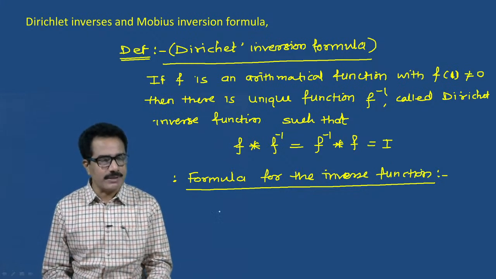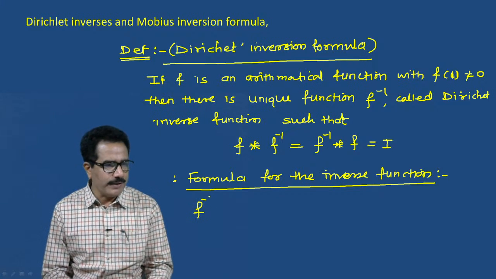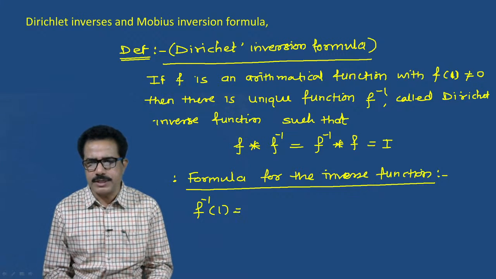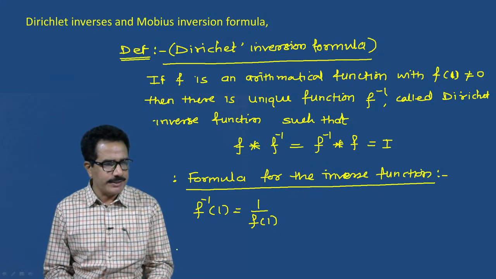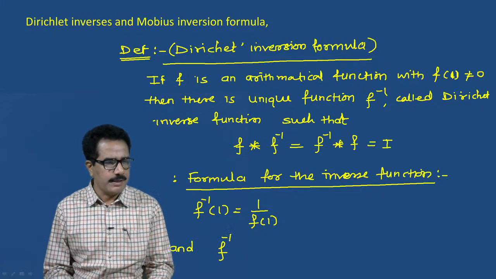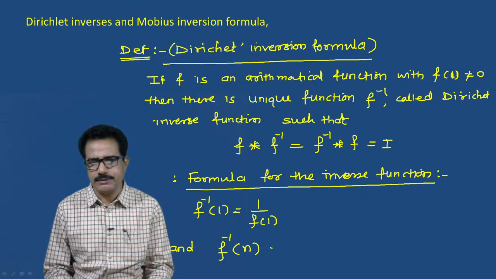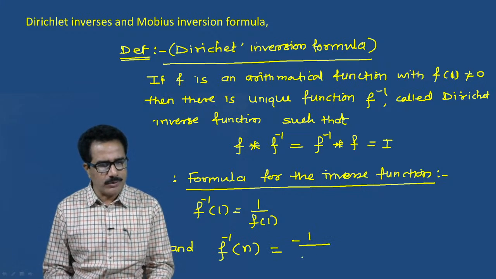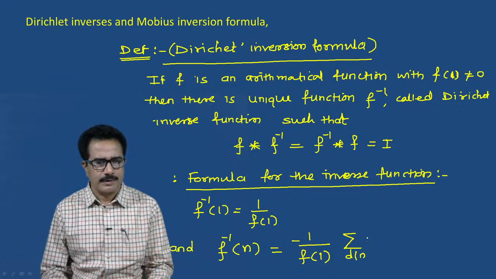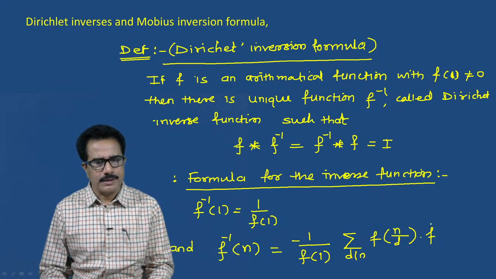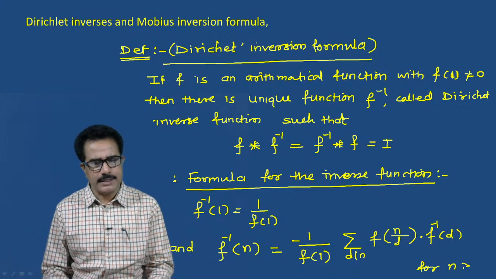Now, f inverse is defined as f inverse of 1 is equal to 1 upon f of 1, and f inverse of n is equal to minus 1 upon f of 1 into the summation over d divides n of f of n by d into f inverse of d, for n greater than 1.